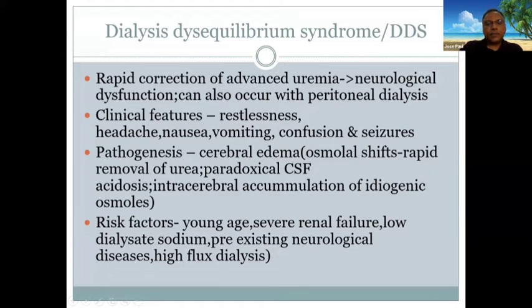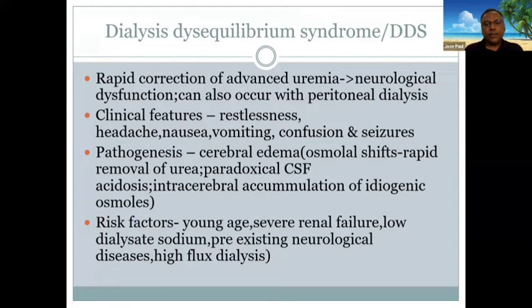So whenever there is a patient who has a very high blood urea level, say for example 300 milligram, because of homeostasis, the urea level in the blood will be equal to that of the urea level in the brain. That is, say around 300 milligram per deciliter. So when you start the patient on dialysis, and if you are doing an aggressive dialysis on the first instance itself, what happens is that there will be rapid removal of urea from the blood.